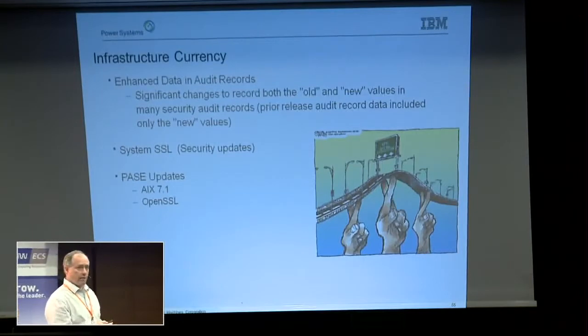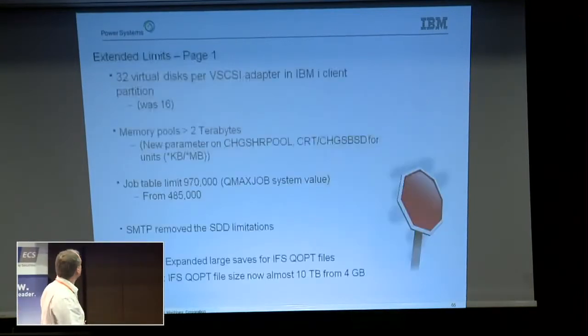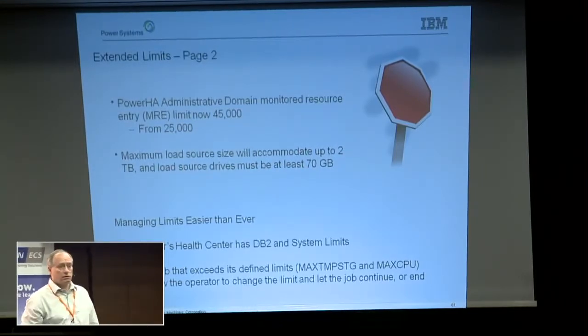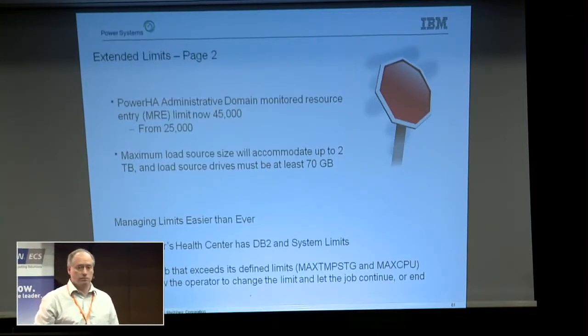We never had that version on I. This is the list of things that we extended for limits. Lots of things. Job table limits, memory pools. This is the biggie that people need to be aware of. The load source must be at least 70 gig for 7.2.